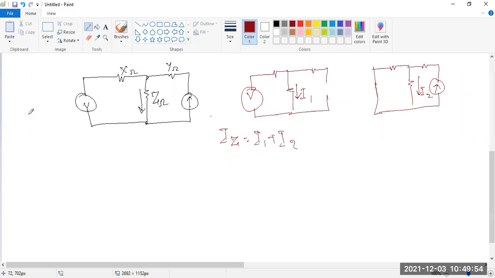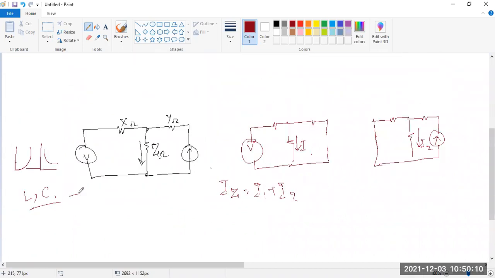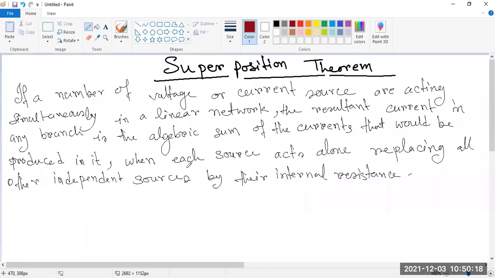But if there are non-linear components, such as inductance or capacitance, then it may not be applicable. Those types of elements will not follow the superposition theorem.